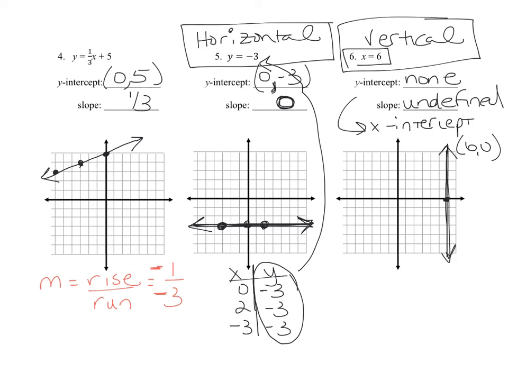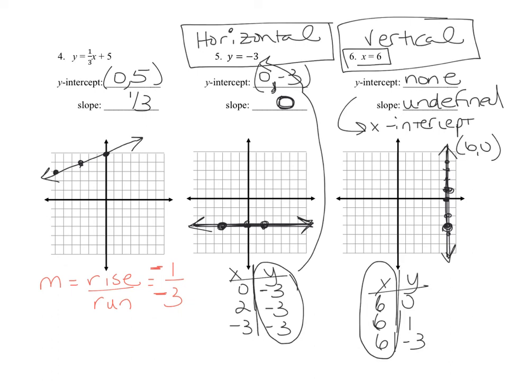If I wanted to check, you could start picking ordered pairs along this line, and you should find that I go to the right 6 every time. So some ordered pairs on this line besides (6, 0) would be like (6, 1), (6, -3). And if you start writing it down, you should start to see, oh, all of my x values are equal to 6.